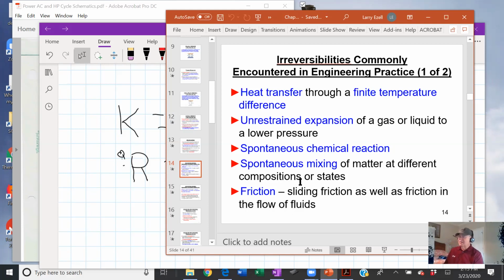The main one that I always dealt with as a mechanical design engineer was friction, and you will deal with the same thing. If you're in a power plant, or designing, say, an electric motor, friction is going to be one of your worst enemies. Friction and heat transfers are examples of irreversibilities.